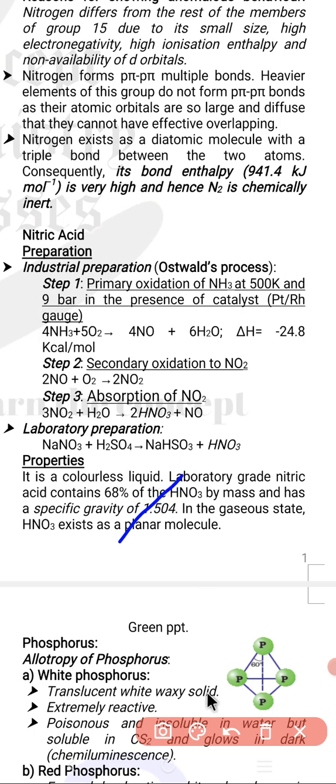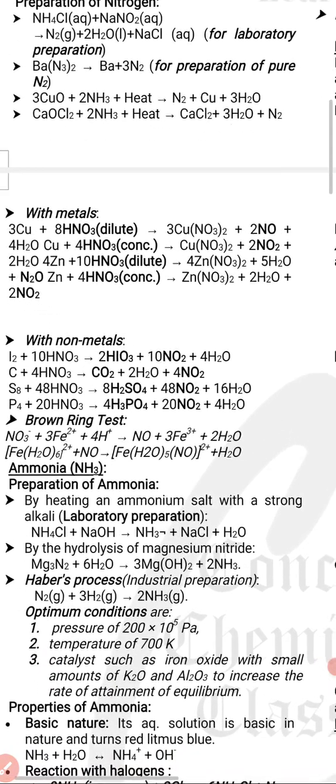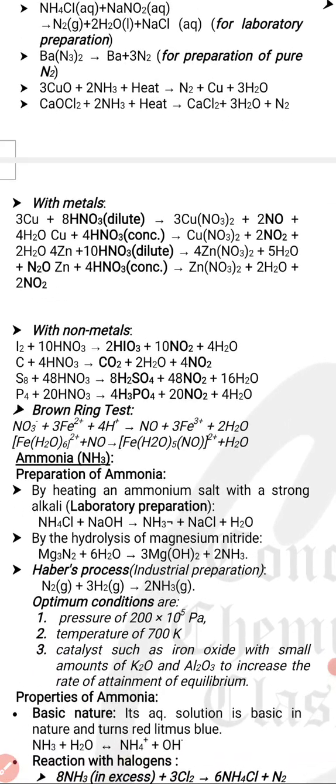Now let us move to the next point of nitric acid, that is reactivity with metals and reactivity with non-metals. With metals, there are two important metals which will react with nitric acid.